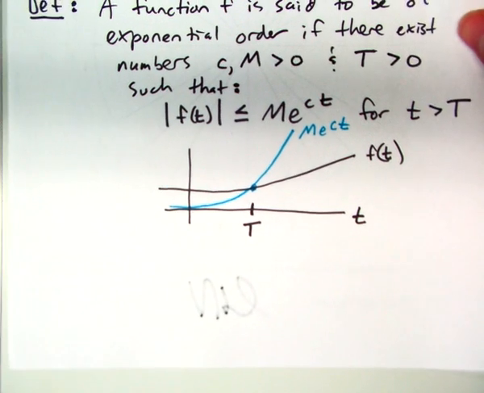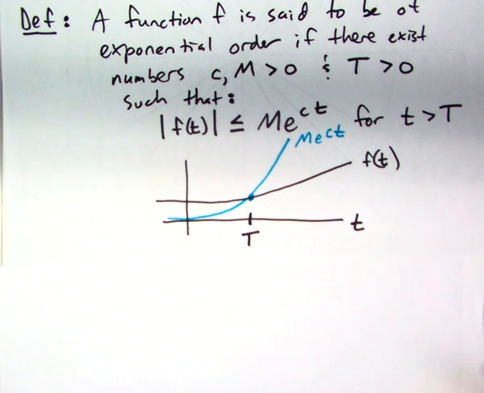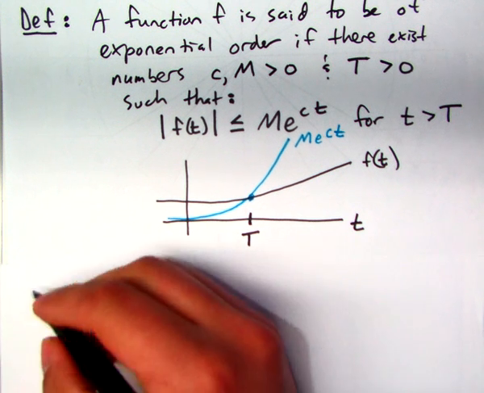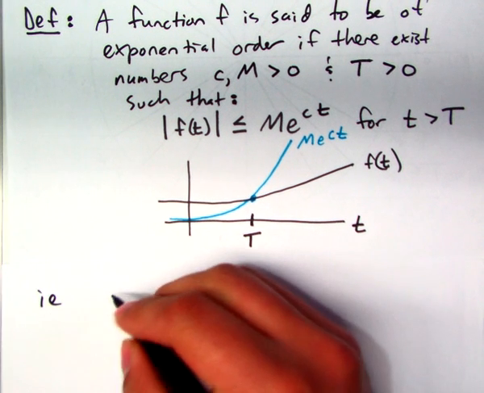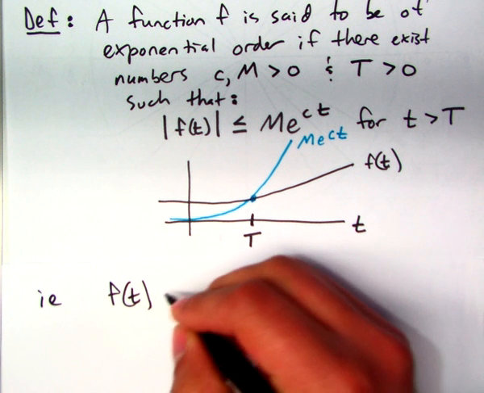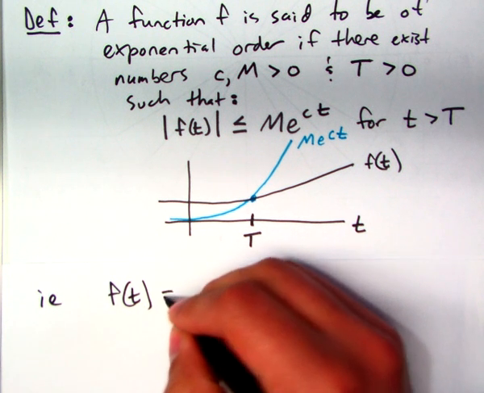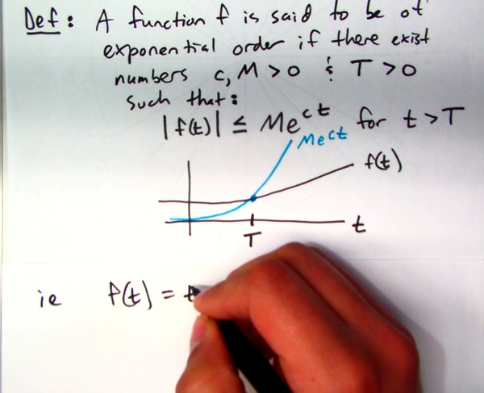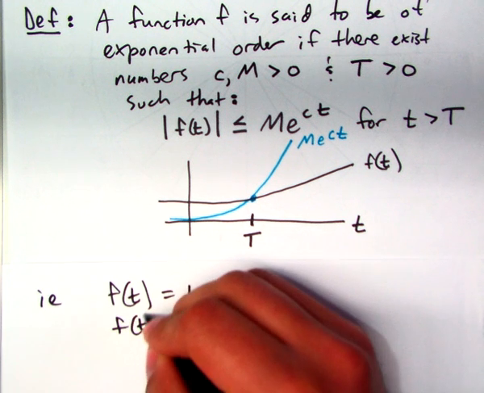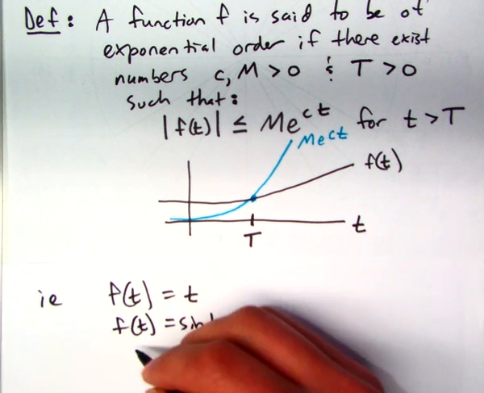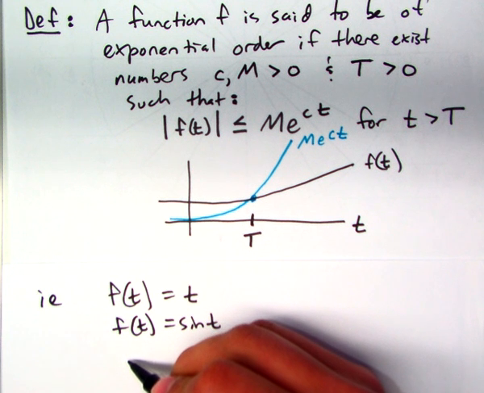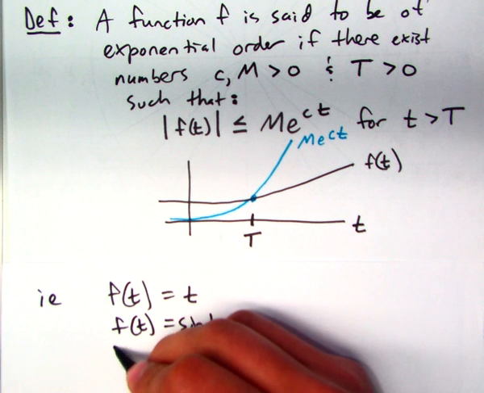Here are some easy examples to comprehend, and I want you guys to tell me what the breaking point is. f of t equal to t. f of t equal to sine t. Even cosine.